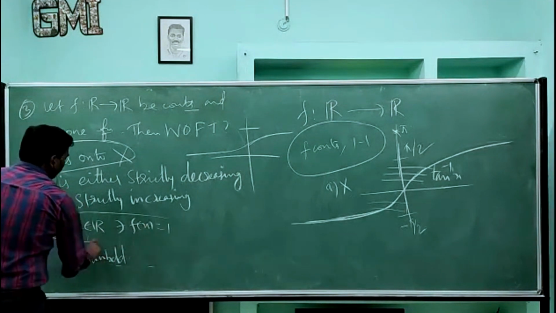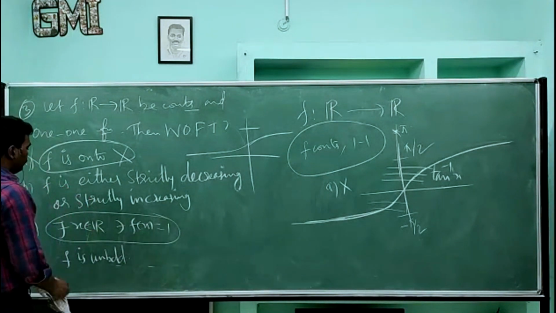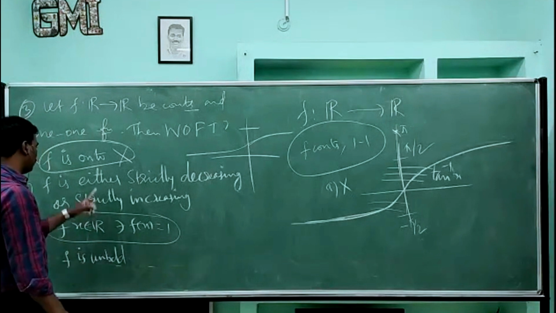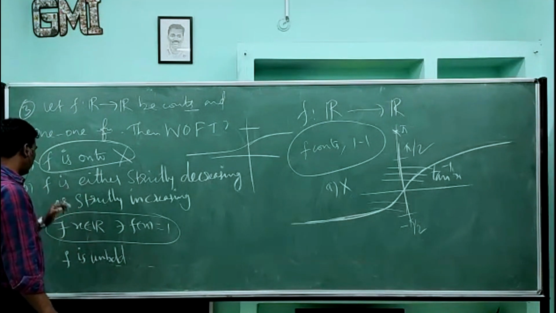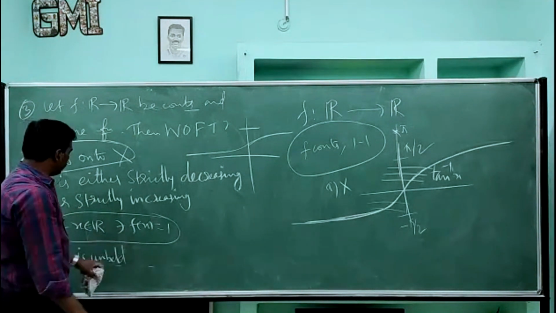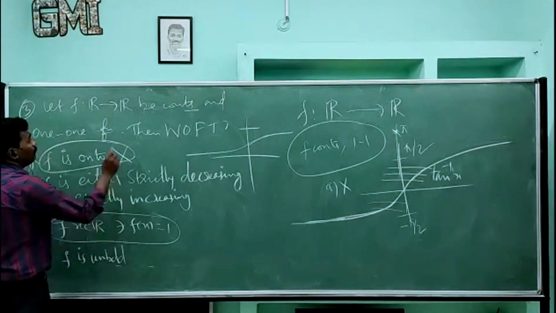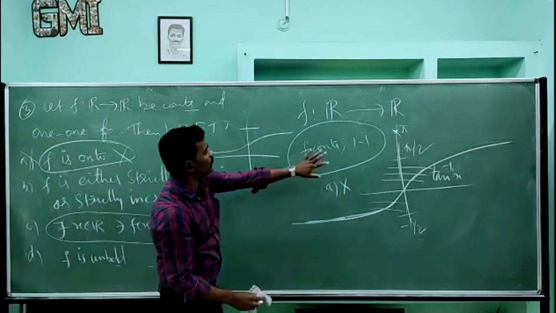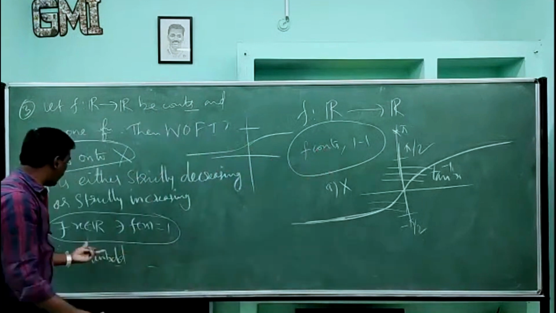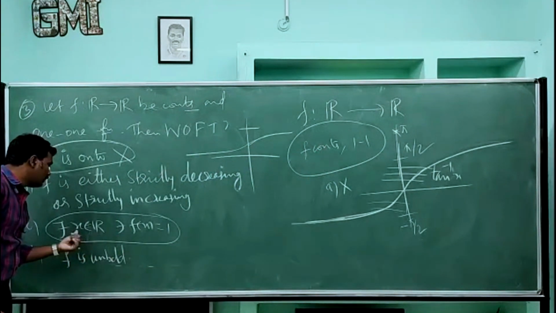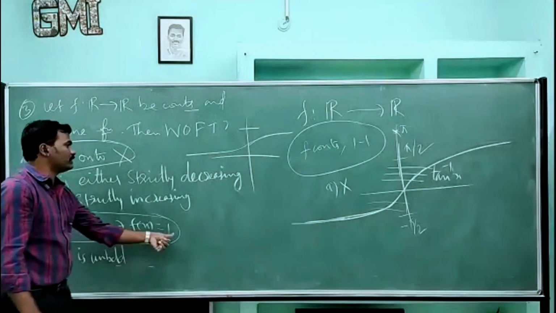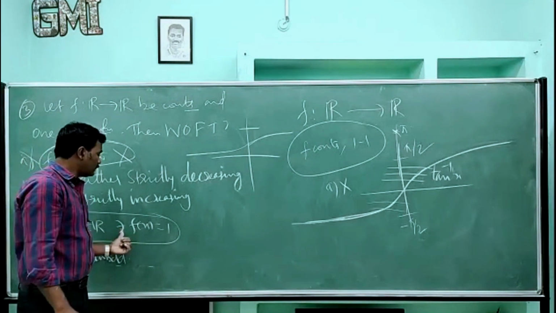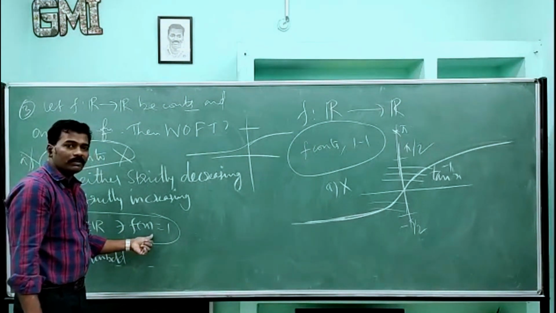Now I am going to solve option C and option B, then I will come finally to option B. The option C: whenever f is a continuous 1-1 function, it always has this property. What is that property? There exists an x in R such that f of x equals 1.